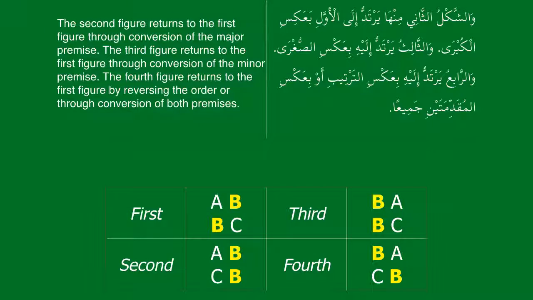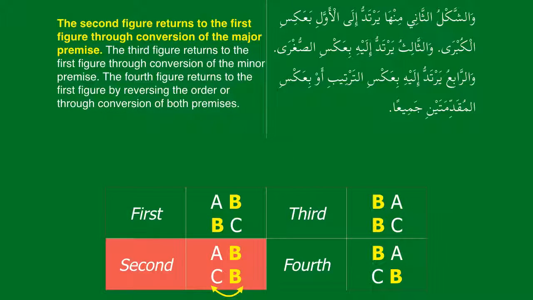So he says that the second figure can be returned to the first figure. The clearest way to reason is the first figure. When you have a categorical argument on the first figure, A, B, B, C, you can just look at it and work out what the conclusion is going to be. When you look at the other figures, working out the conclusion is not as straightforward.